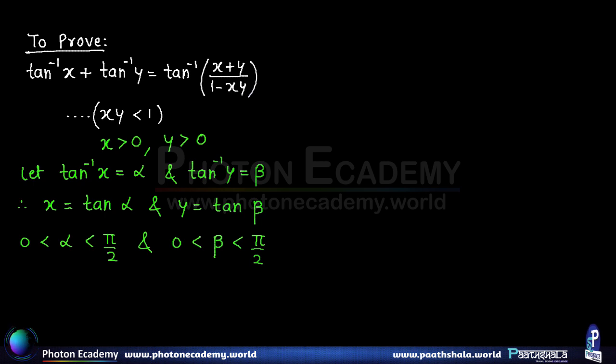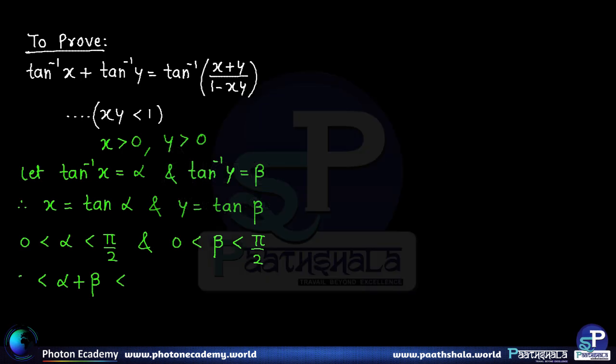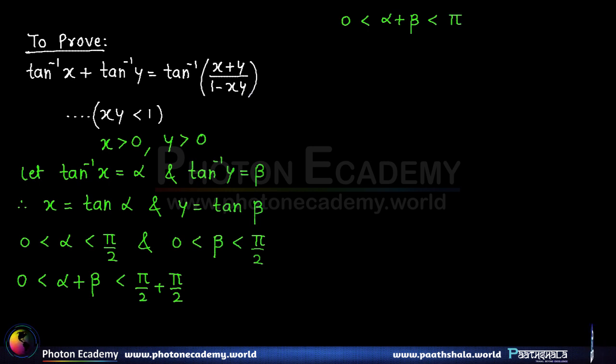So the left hand side becomes alpha plus beta. If we add both the inequalities, we will get alpha plus beta to lie between 0 and pi by 2 plus pi by 2, so alpha plus beta lies between 0 and pi.